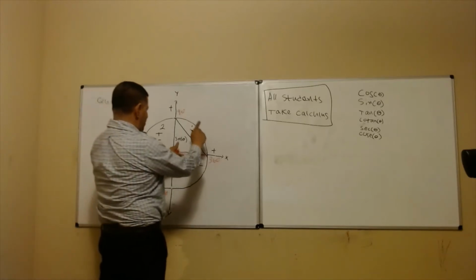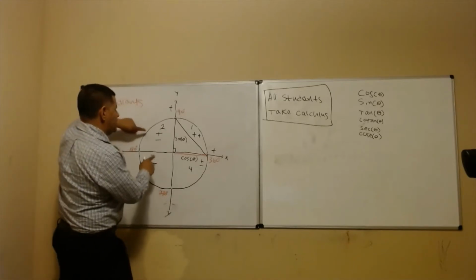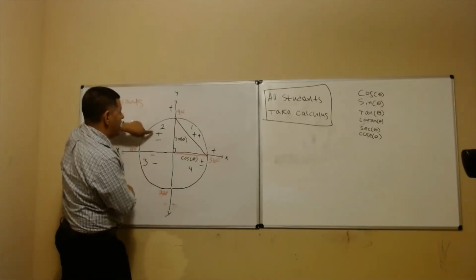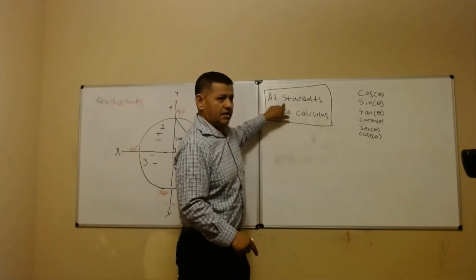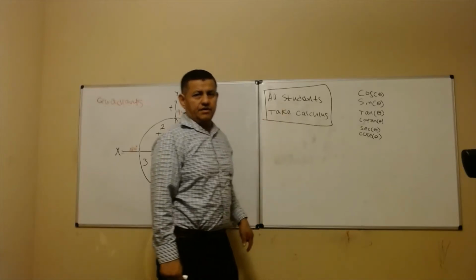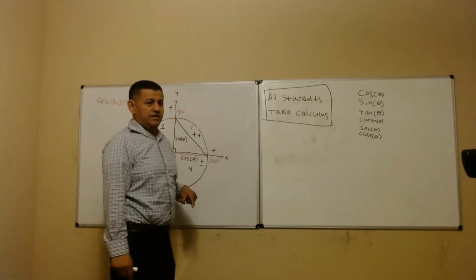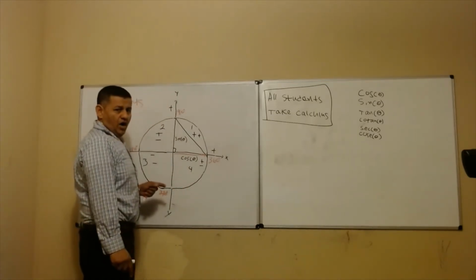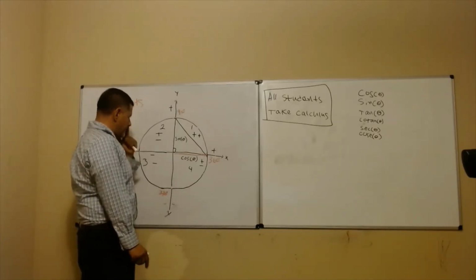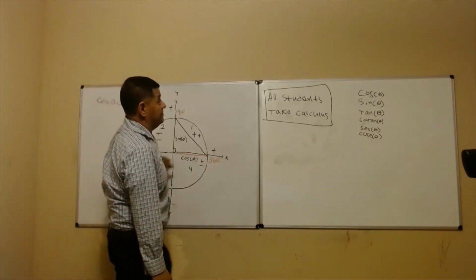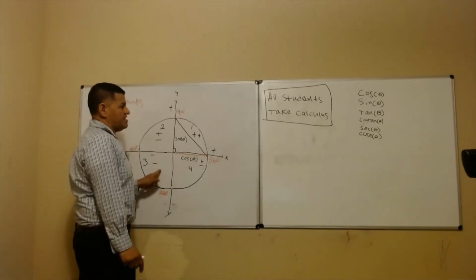Over here, all of them are positive. Over here, what is positive? Sine is positive. Then over here, what is positive? Take, right? Tangent over here is positive.